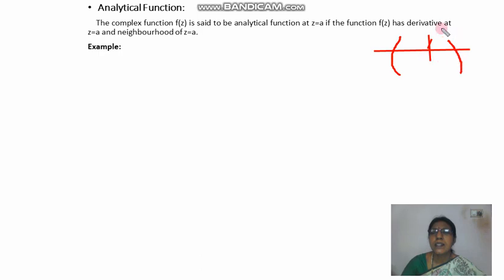So this place is called the neighborhood of a. If the function has a derivative at a and in some neighborhood of a, then the function is said to be an analytic function.